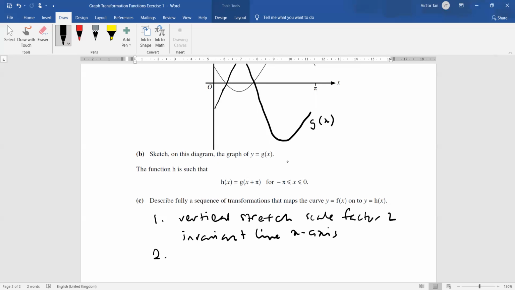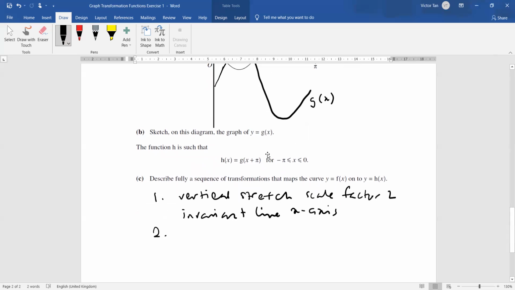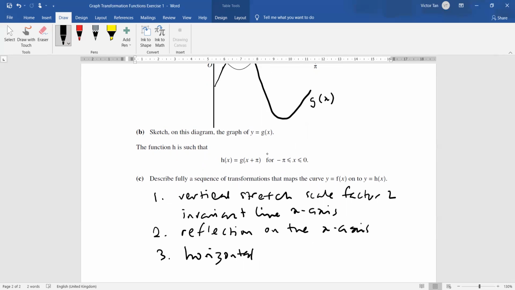Number 2, a reflection on the x-axis. Number 3, a horizontal translation, which is described in h(x), by minus pi.